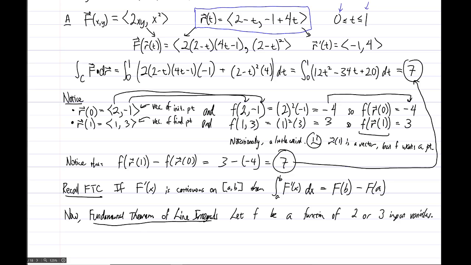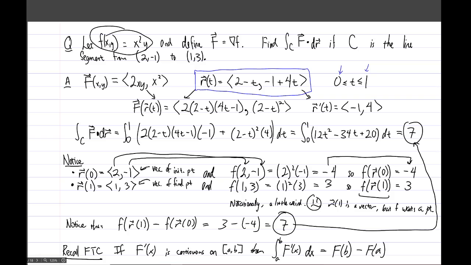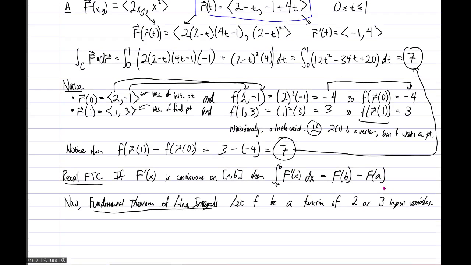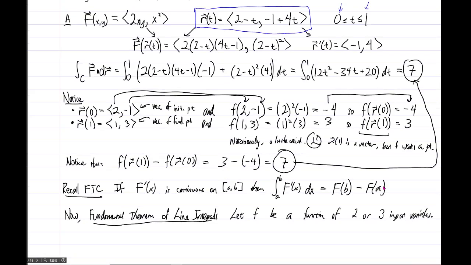So if I scroll up, it's like the f of x comma y that we have here, just for instance. And suppose capital C is parameterized by a vector function r of t, where t goes between a and b.